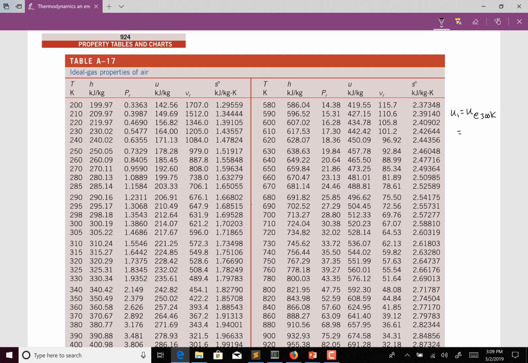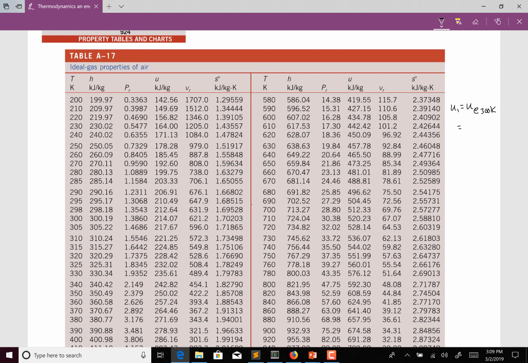If we look that up, 300 Kelvin is right here, and we want to look up the internal energy, so U is 214.07 kilojoules per kilogram.